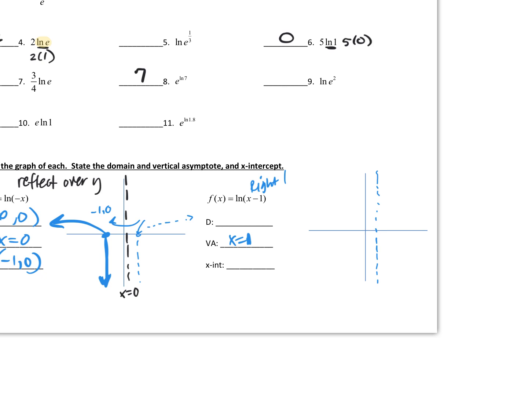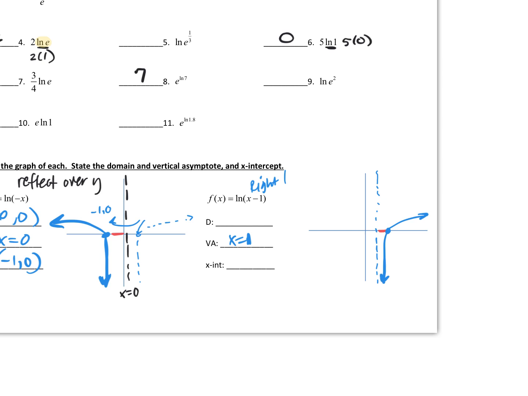And notice there's always going to be this 1 unit gap between the asymptote and the intercept. Okay? So if my asymptote is at 1, that means my next point is at 2. Because it's not moving up or down, it's going to stay on that x-axis. So we're doing this.